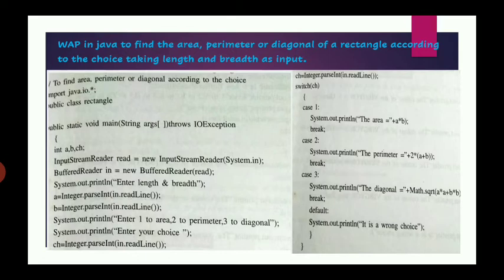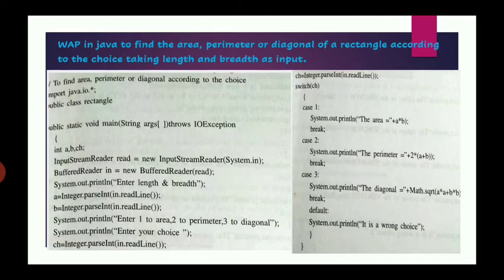So for case 1, suppose a user is entering 1, then it will display the area. So System.out.println, the area is equal to plus a into b. So length into breadth. Then break. So this case 1 is terminated through a break statement.